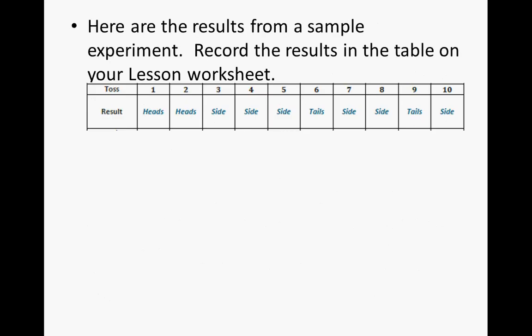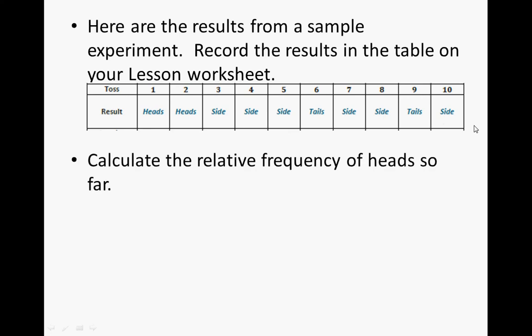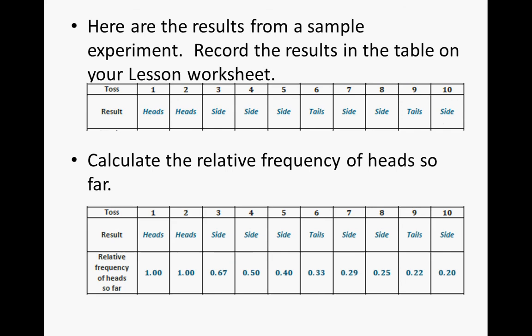So here is a result from a sample experiment. Record the results in the table on your lesson worksheet. We have heads, heads, side, side, side, tails, side, side, tails, side. So calculate the relative frequency of heads so far. Well, out of the first toss, 1 out of 1 is 1.